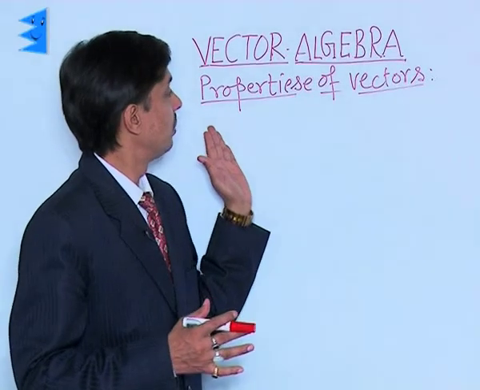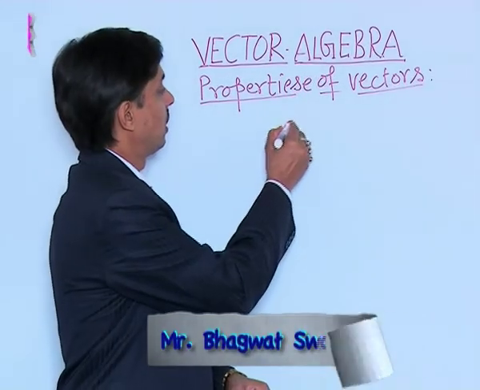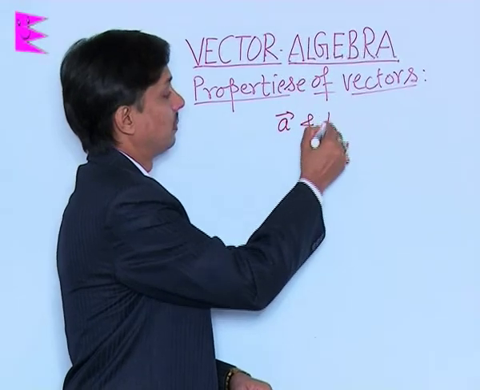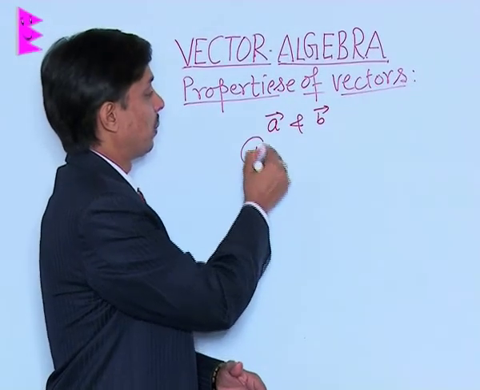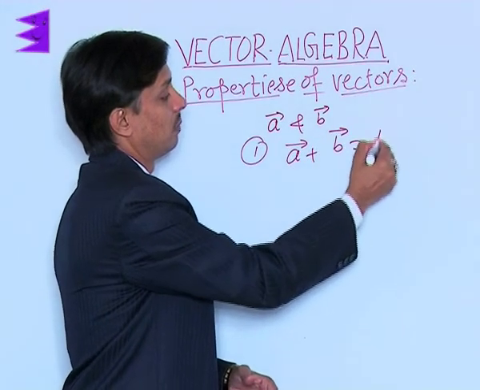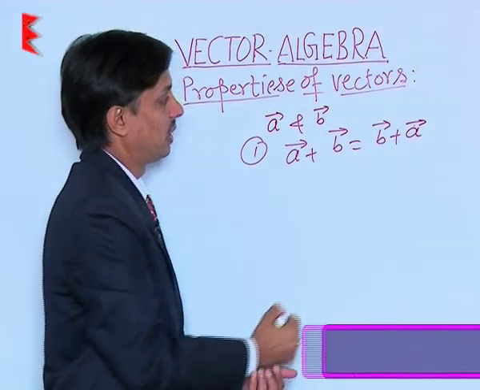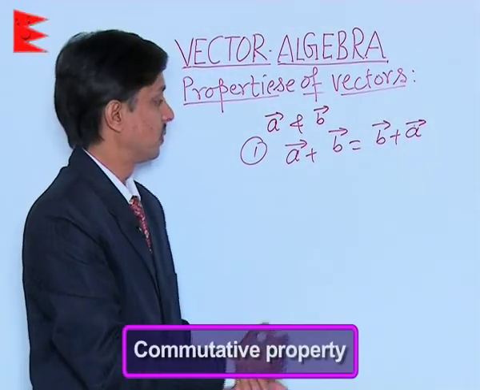Now I want to share with you the properties of vectors. If there are two vectors A and B, then the first property is vector A plus vector B will be equal to vector B plus vector A, that is the commutative rule.